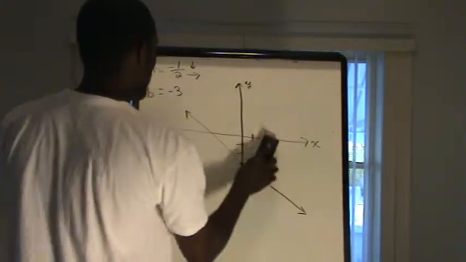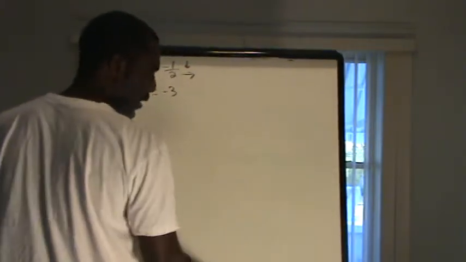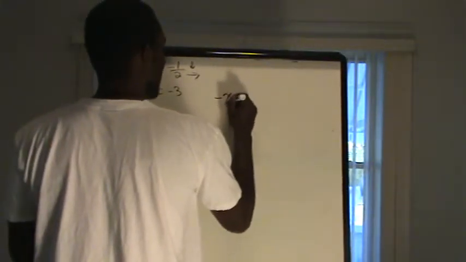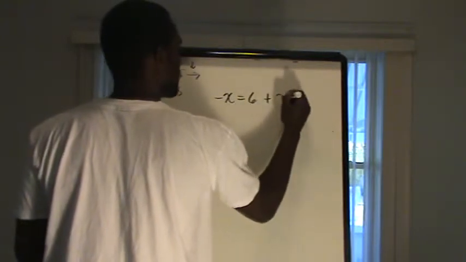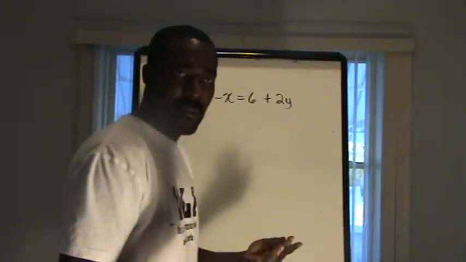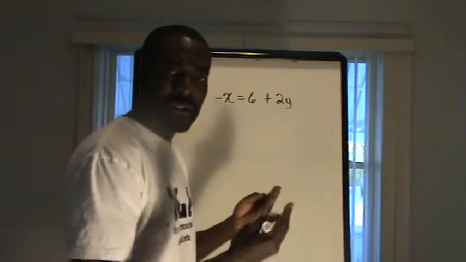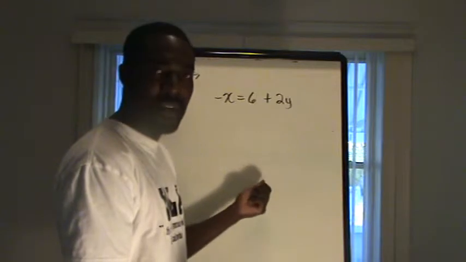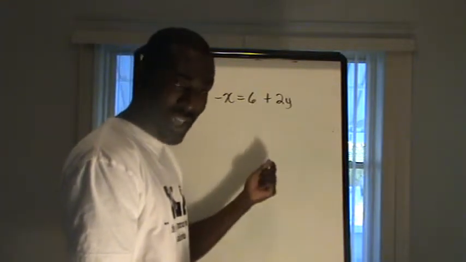Now let's go back to the equation. It said that negative x equals 6 plus 2y. Just like a y-intercept is a place where the graph crosses the y-axis, you may also have an x-intercept, the place where the graph will cross the x-axis.